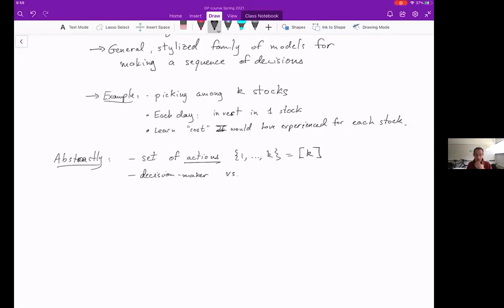And the decision maker is making decisions in some environment. This environment is choosing the cost vectors that the decision maker experiences for different actions. And to make our modeling as general as possible, we'll actually think of the environment as adversarial, as some adversary who knows.